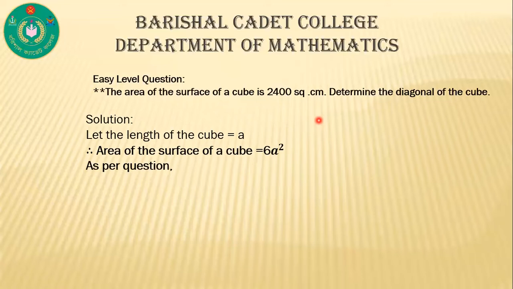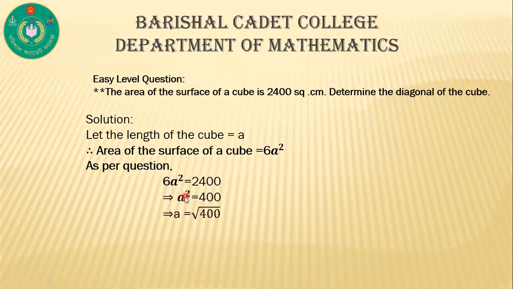As per the question, here given that 6a square is equal to 2400. Now divide by 6, then we can write a square is equal to 400. Now square root on both sides, then we can write a is equal to 20.